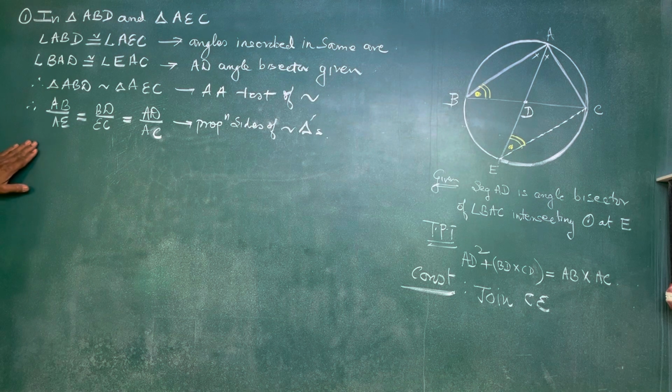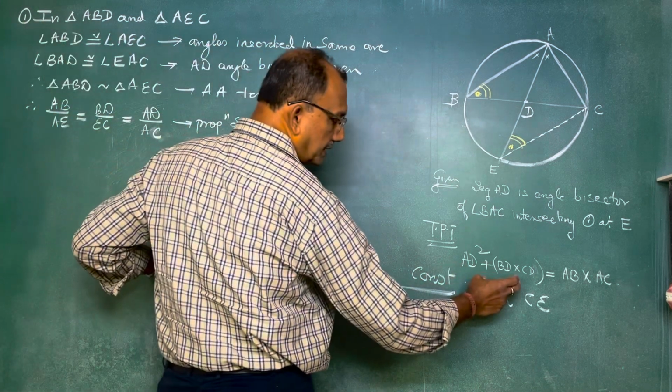Among these, we will get two ratios which we can multiply and get something to prove that.